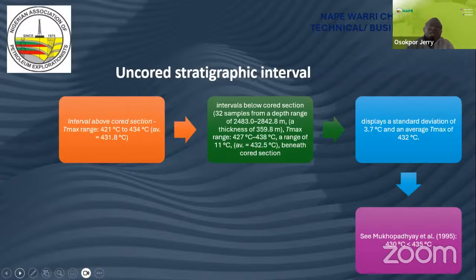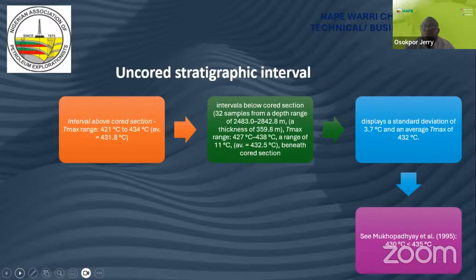Now, if you look at the maturity of the intervals below the cored section, it has a Tmax range up to 438, which shows that it has matured and entered into the maturity window. 435 is the popular benchmark, but we cannot hold fast to that.